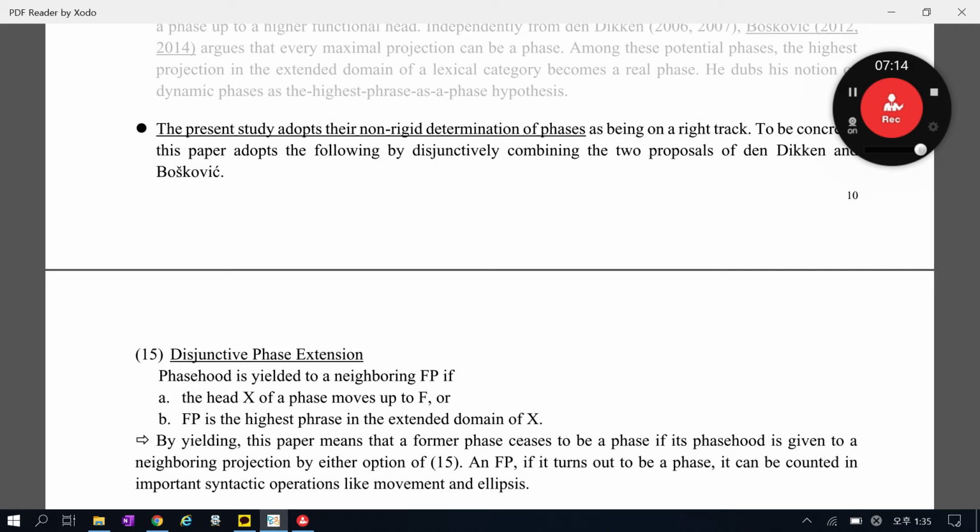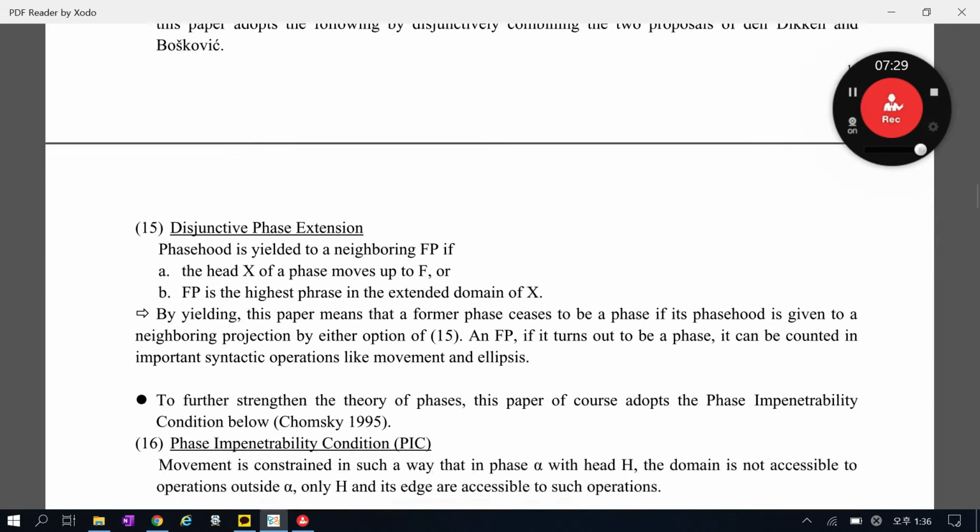To be concrete, this paper adopts the following, disjunctively combining the proposals of Den Dikken and Bošković.